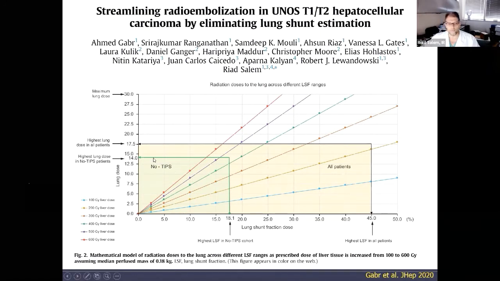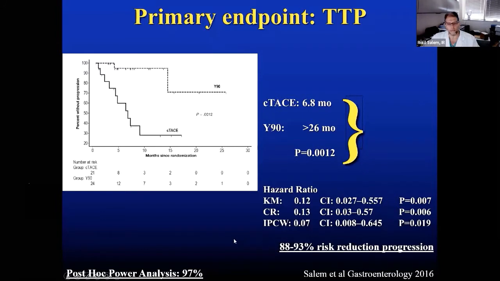And this is evidence that we showed here that if a person does not have a TIPS, for some reason, TIPS causes increased lung shunt. But if you don't have a TIPS, you do not need to perform a lung shunt study and are able to apply up to 600 gray in that segment without influence of any risk of lung dose. The worst case scenario in this case is 14 gray. So just proof of concept, but something that I think we will be investigating in the future.